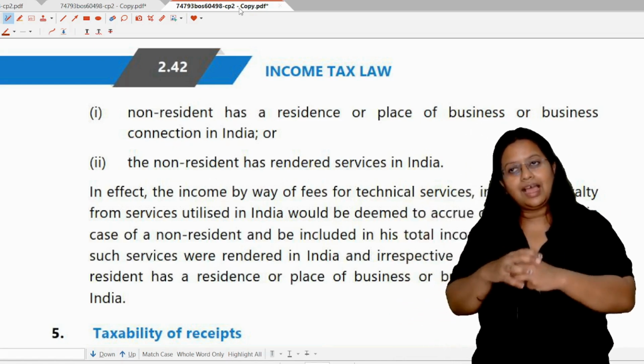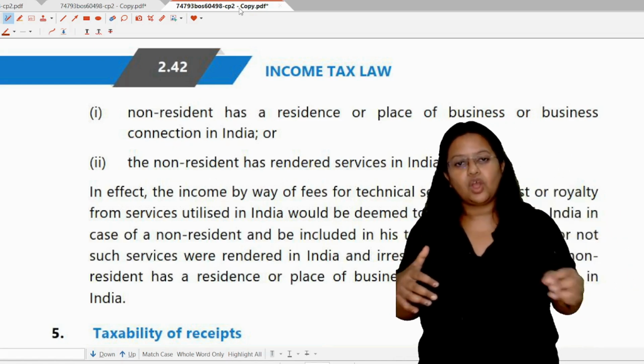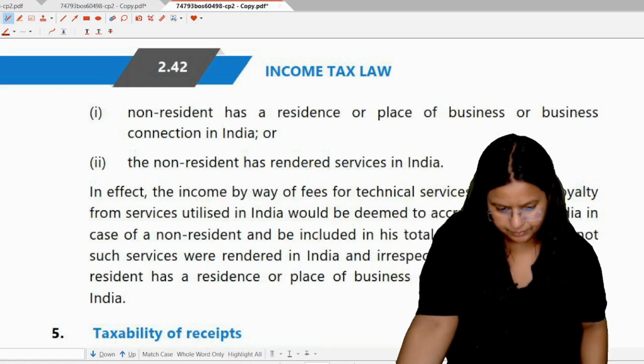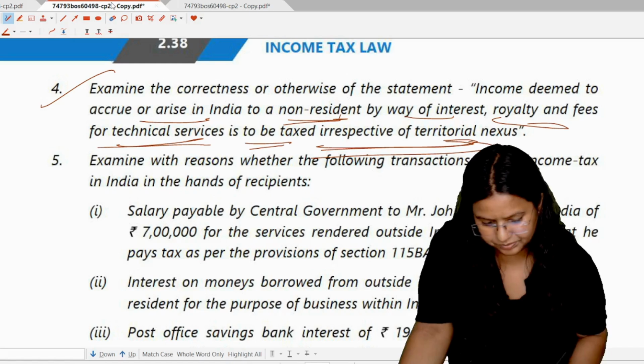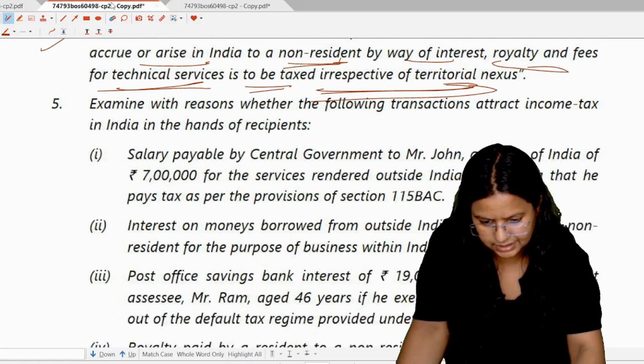Second, whether the NR has rendered services in India or not, that income will be taxable here. So this income will be deemed to accrue or arise in India, irrespective of the territorial nexus.